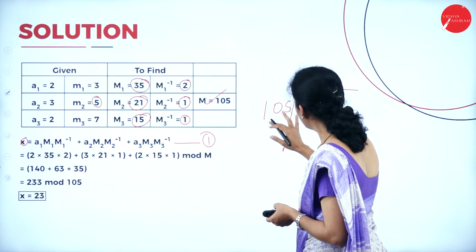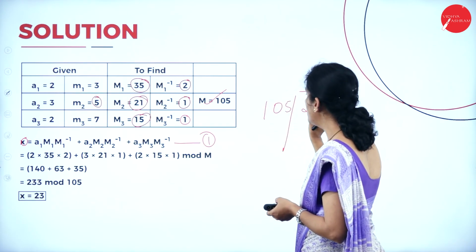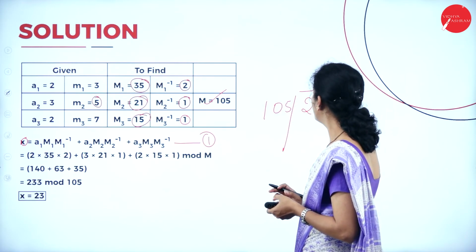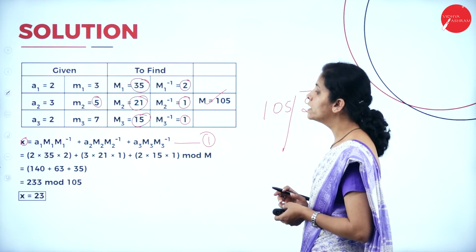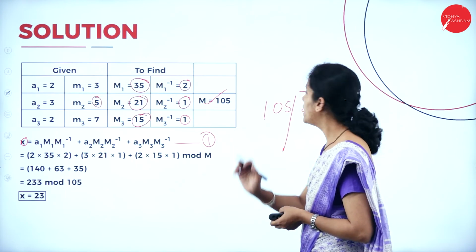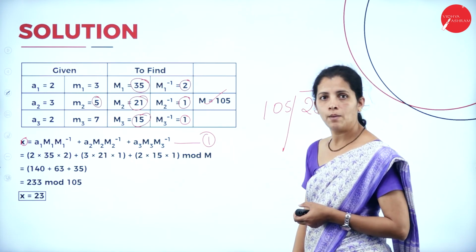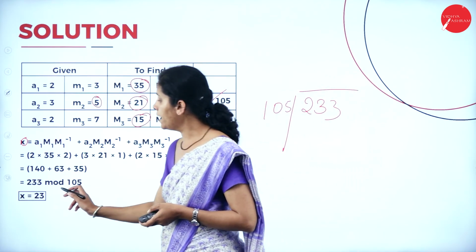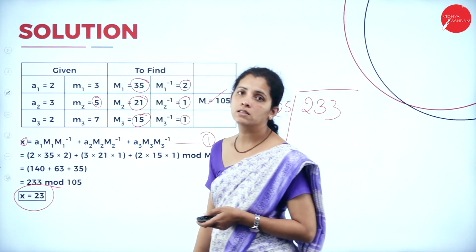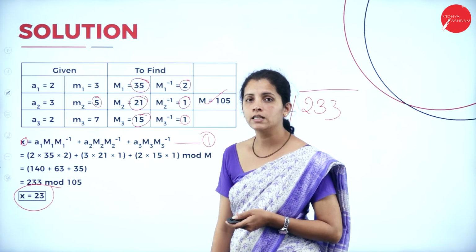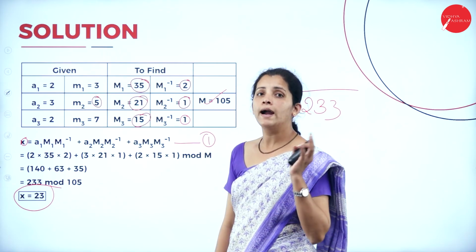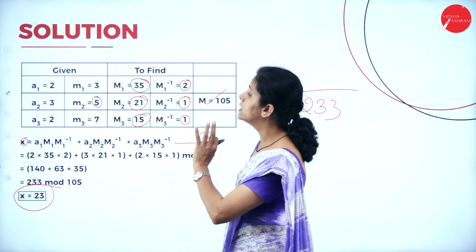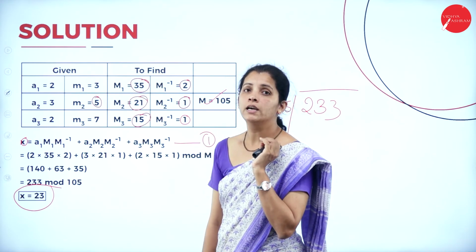Now when I divide this number by 105, I'm going to get the remainder 23, and that is my x value. This is the way we calculate the Chinese remainder theorem, and it's better to go with table representation in order to avoid confusion.